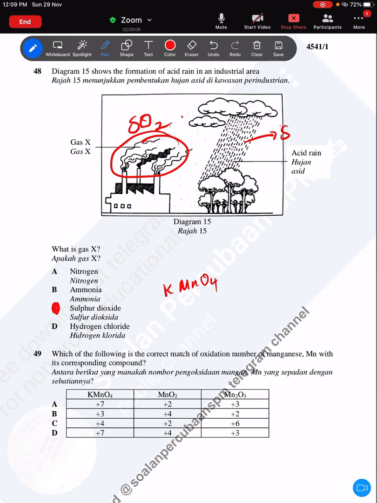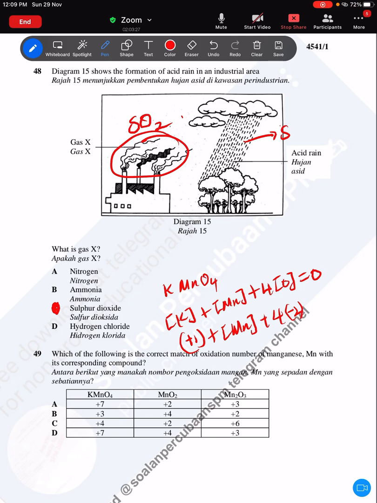So this is equivalent to K plus Mn plus 4O giving you 0. K is positive 1. Mn, you are calculating, plus 4 times negative 2, the charge is 0.